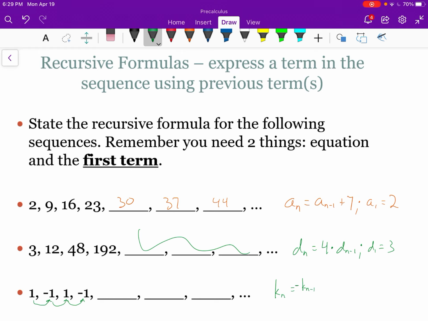We see that they keep going opposites. Opposite of positive 1 is negative 1, but then the opposite of negative 1 is positive 1, and then opposite again. But we need a starting point, so we define our first term as 1, and then the rest of the formula works out.